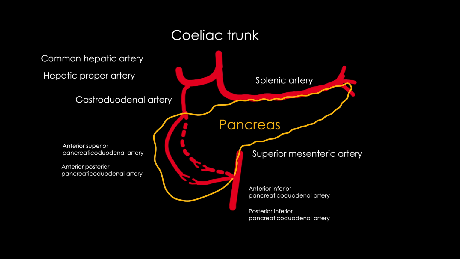It gets its blood supply from the foregut artery, and it also gets blood supply from the midgut artery. The remaining part of my pancreas, the body and the tail, primarily get their blood supply through the splenic artery.